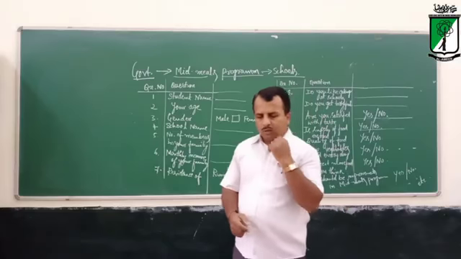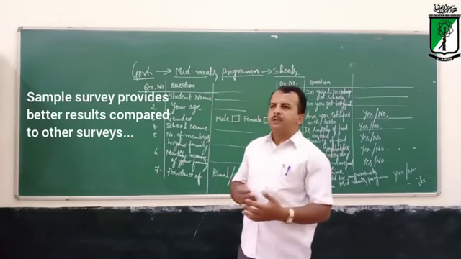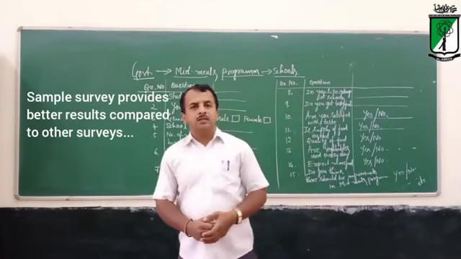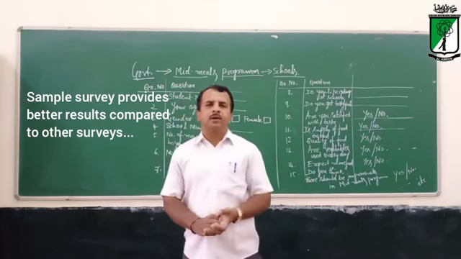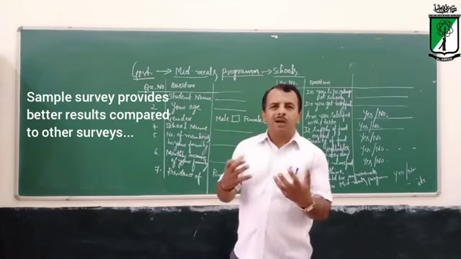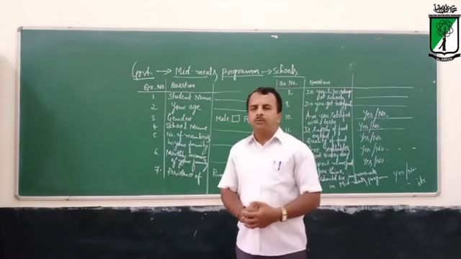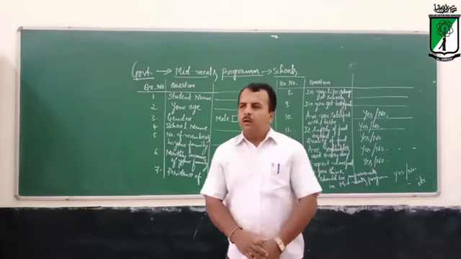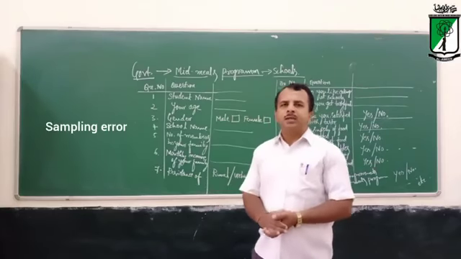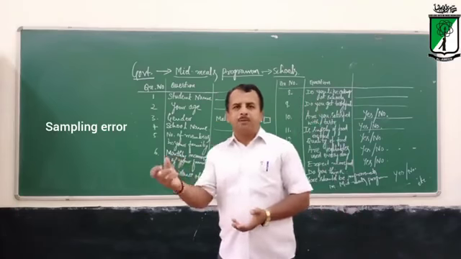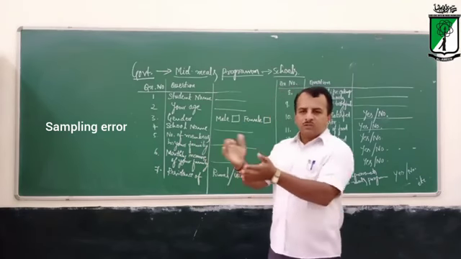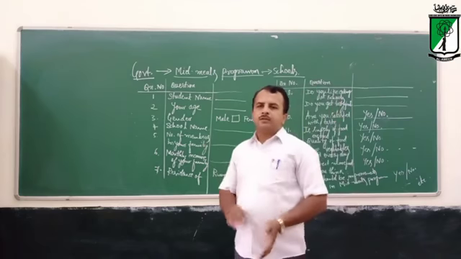Then how the sample survey provides a better result than other surveys like the census survey, which are the advantages of sample survey, that I already explained. Then what exactly is meant by sampling error, how this happens, and what exactly is the difference between actual survey and sampling survey.